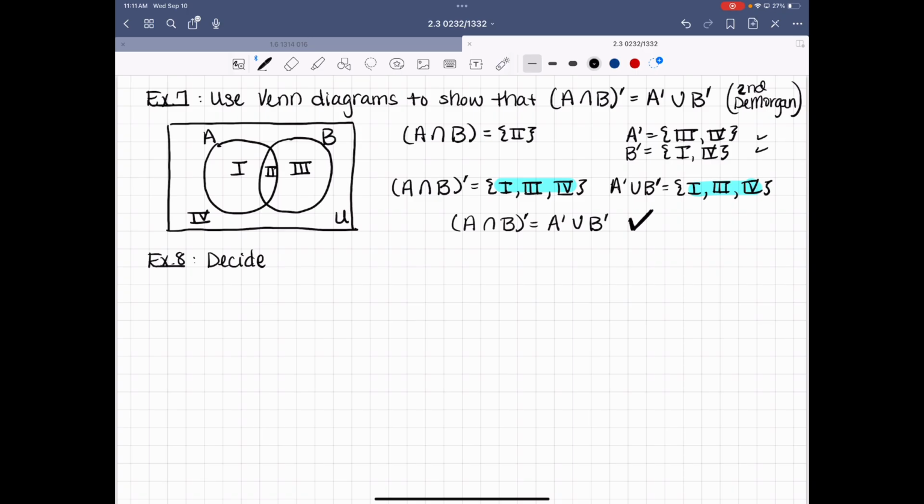Decide if the 2 sets are equal using Venn diagrams.